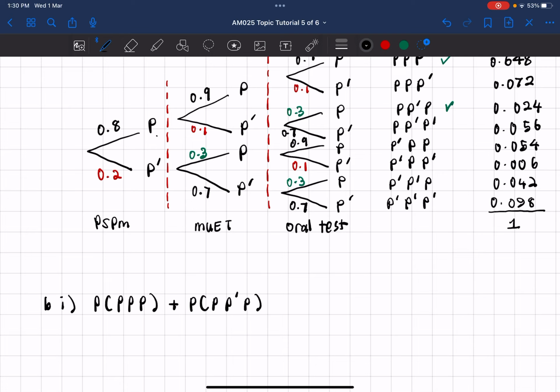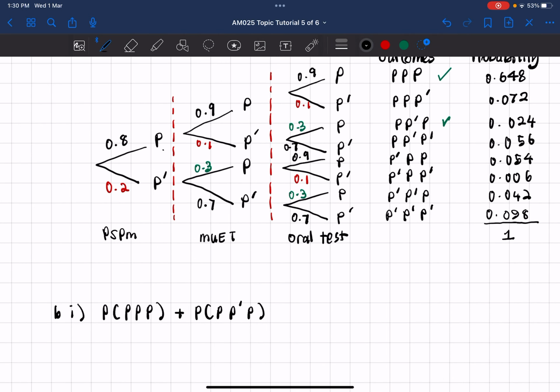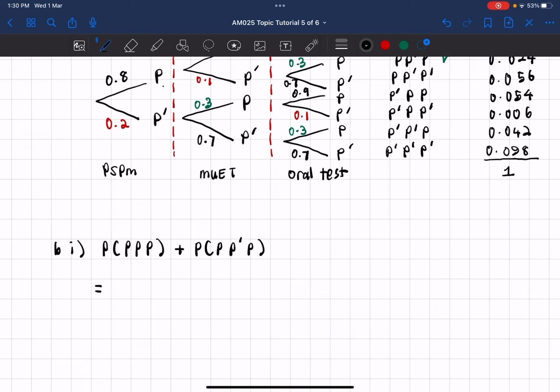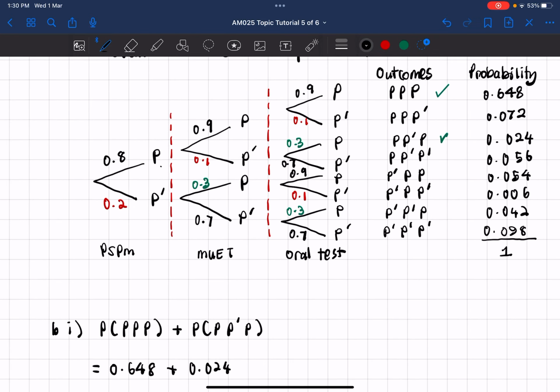It doesn't matter. So it is 0.648 plus 0.024, which is 0.672. Okay, now what's next?